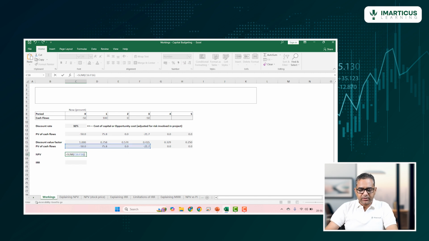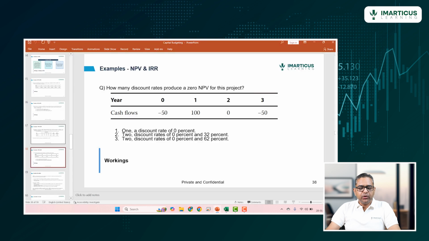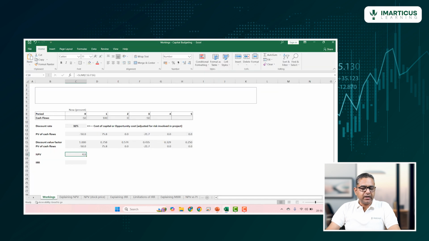NPV is coming out to be 4. So a discount rate of 32% is not giving us an NPV of 0.